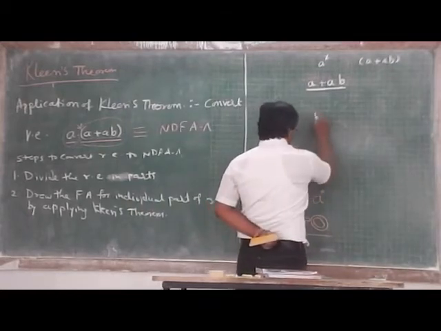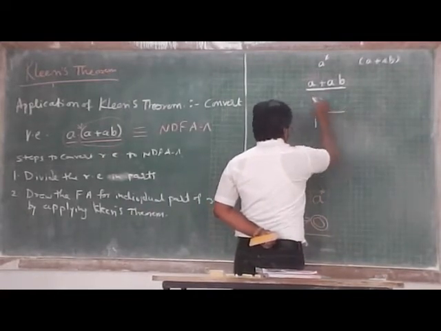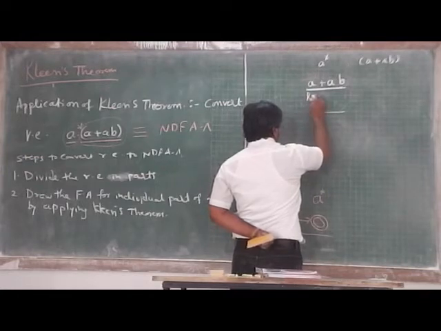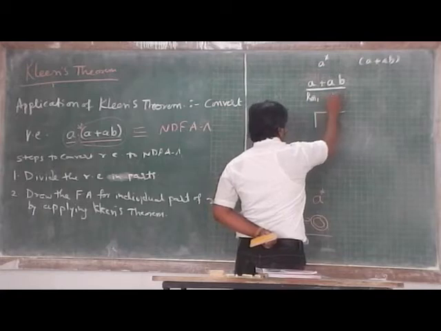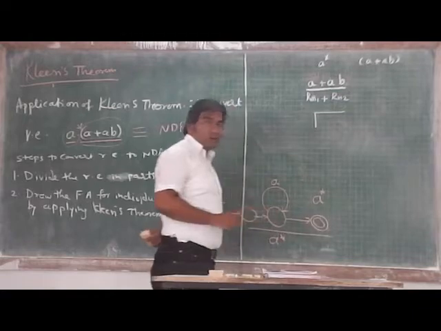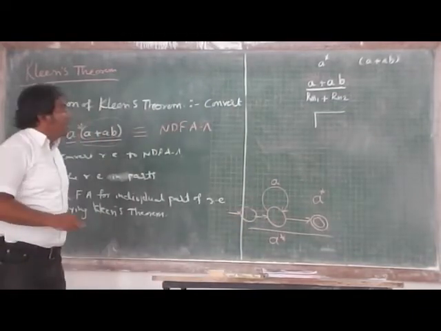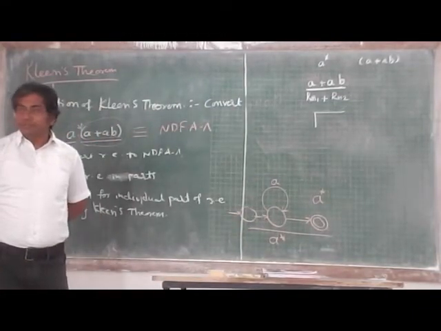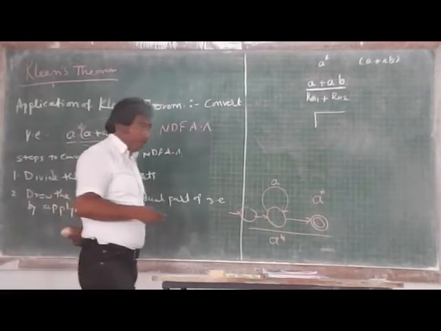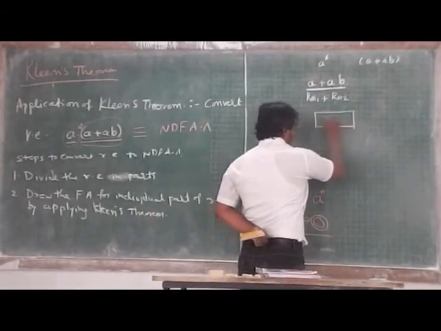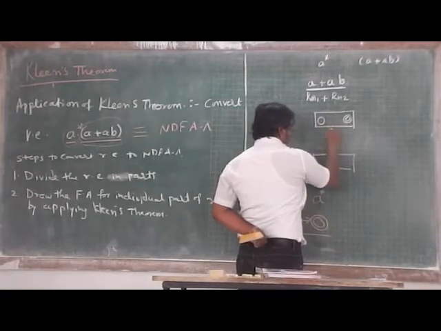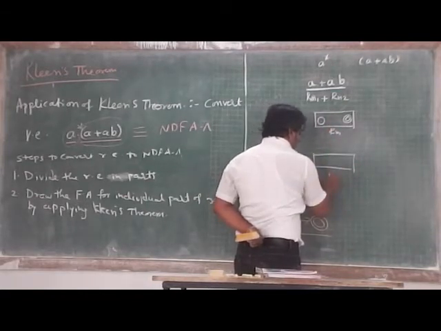So I can consider this as a regular expression Rn1 and this is Rn2. How did we draw the finite automata for Rn1 plus Rn2 during the proof of Kleene's theorem? This was the diagram. See, initial state, final state. This is for Rn1, and this is for Rn2.